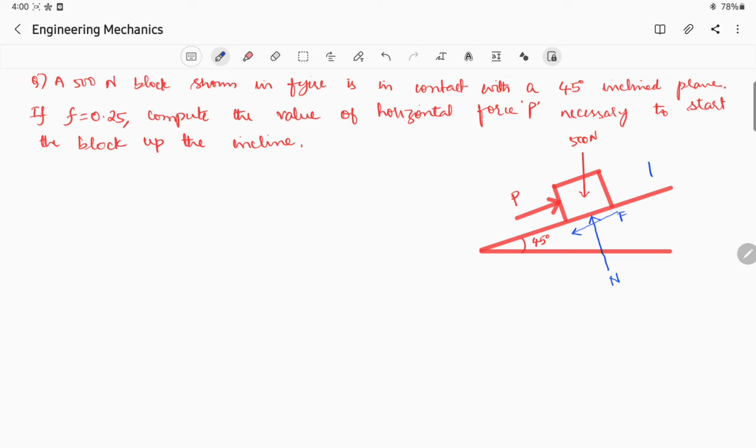Since this is my x and y axis, this will be parallel to x axis, and this will be parallel to y axis. So this will be 500 sine 45, and this will be 500 cos 45. All right, so we'll start the solution.